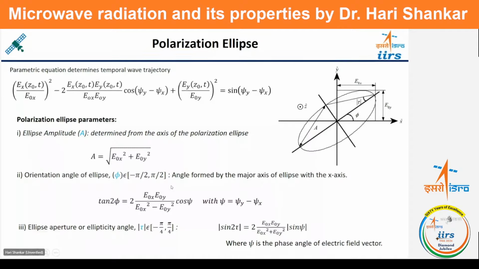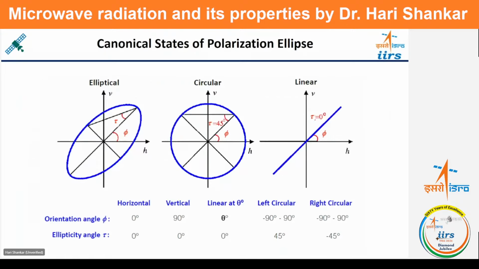Phi is described with the help of this particular equation, and the ellipticity angle tau is described with this particular type of expression. So the point is, if you have the polarization ellipse parameters A, phi and tau, then you can also describe the entire propagation of the electromagnetic field.